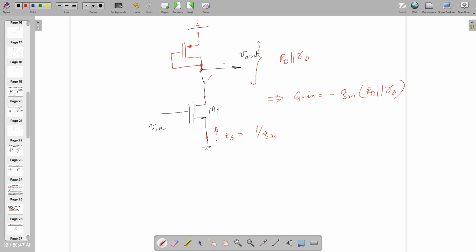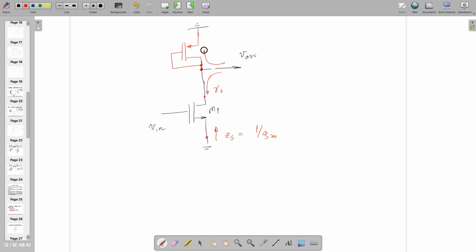Let's do something else over here. Look at this. It's a diode connected configuration, by the way, and it's a PMOS. So what am I going to see now? Tell me. From the source side, it's 1/gm. On this side, it's again ro.